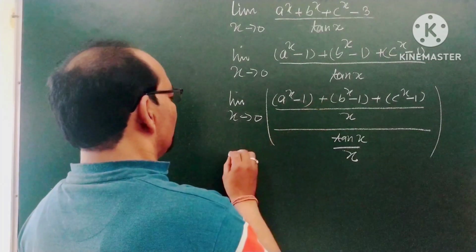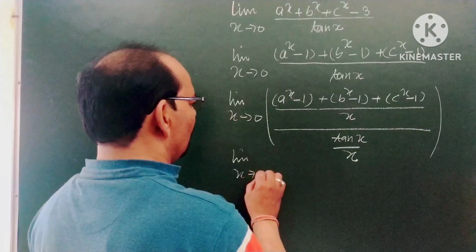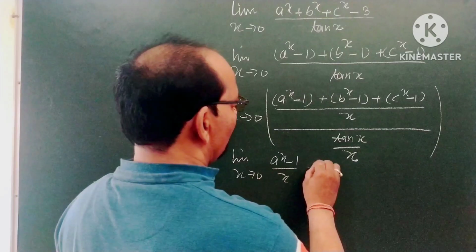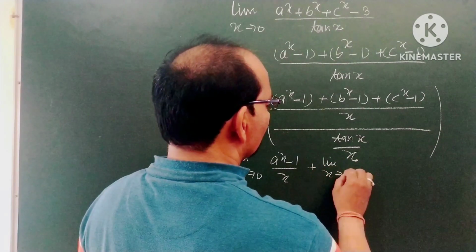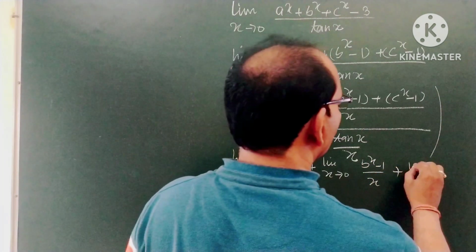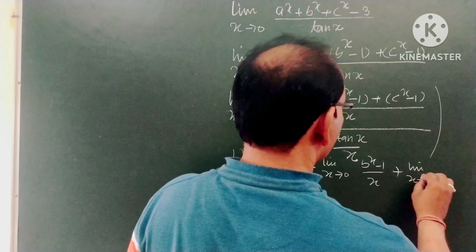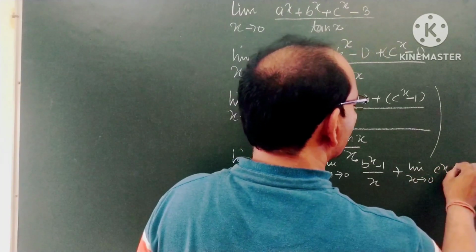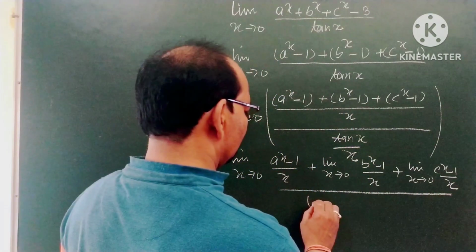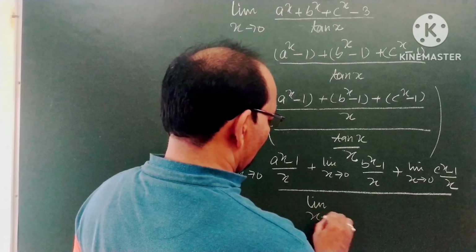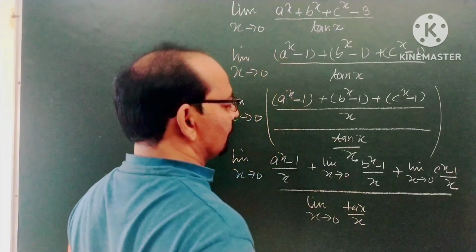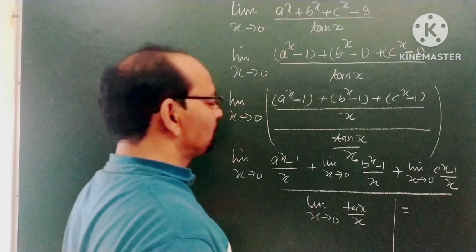This changes into the limit as x tends to 0 of (a^x - 1)/x plus the limit of (b^x - 1)/x plus the limit of (c^x - 1)/x, and the limit of tan x by x as x tends to 0.